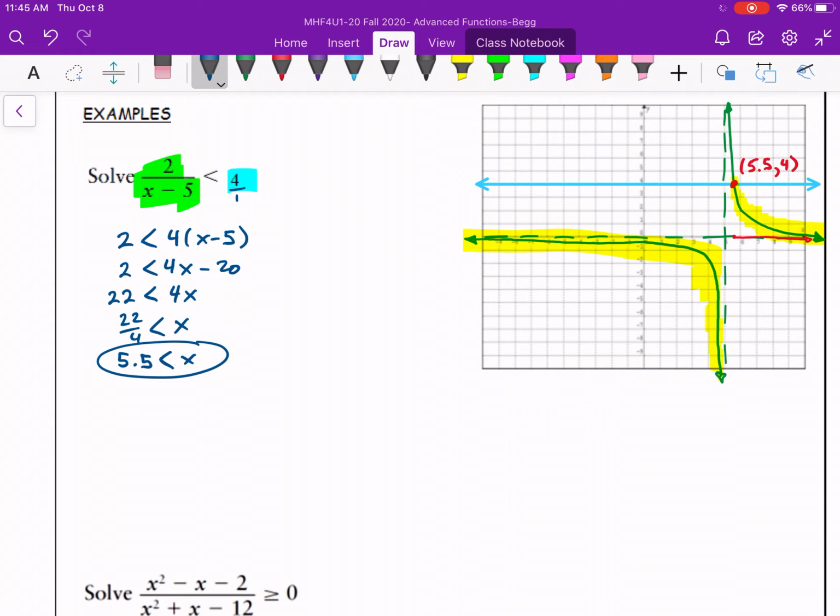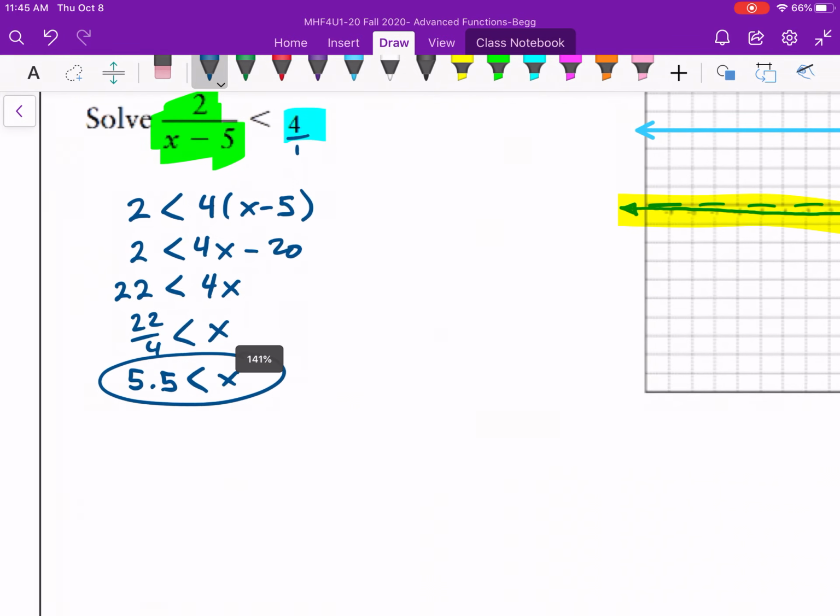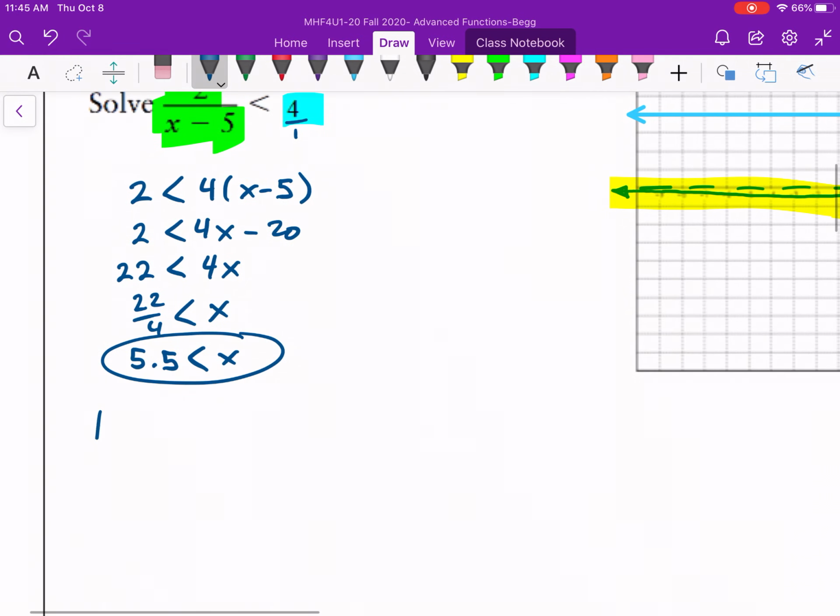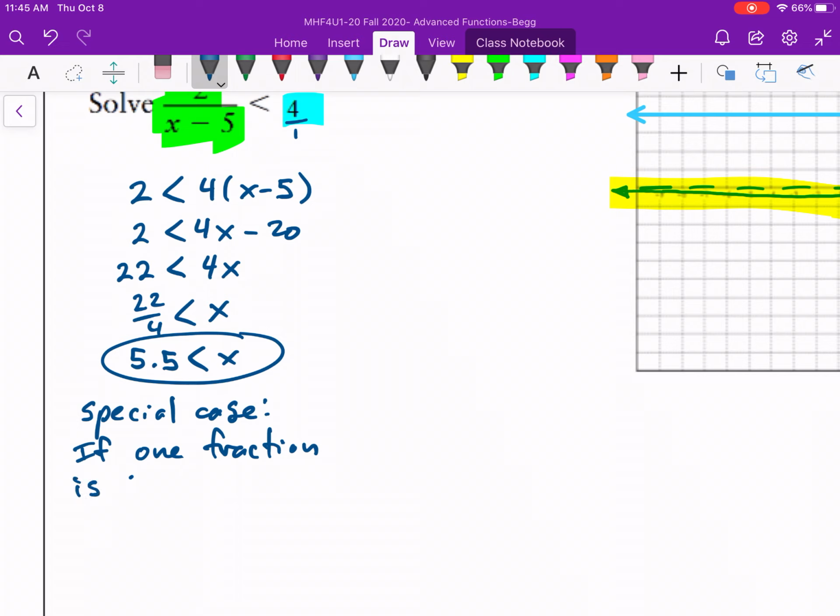So I guess the rule that we want to keep in mind is, this is a special case. If one fraction is less than or greater than a number like 4, there's always going to be something like this going on.